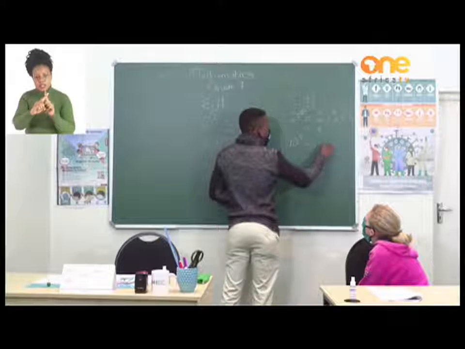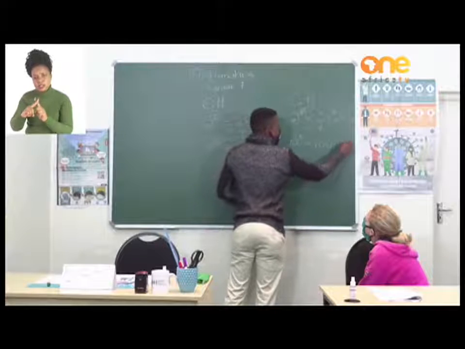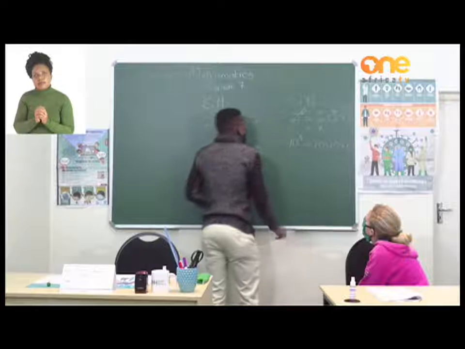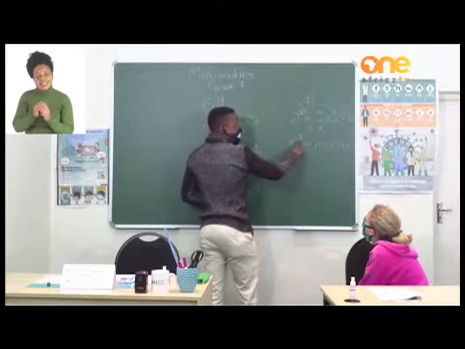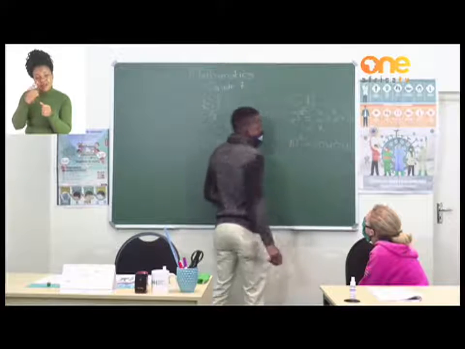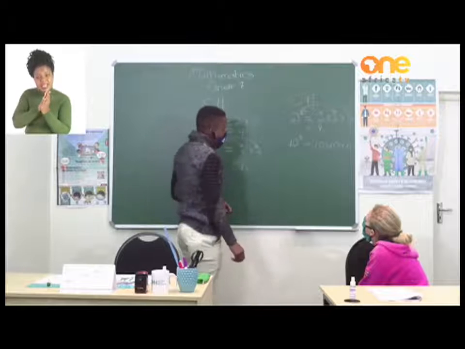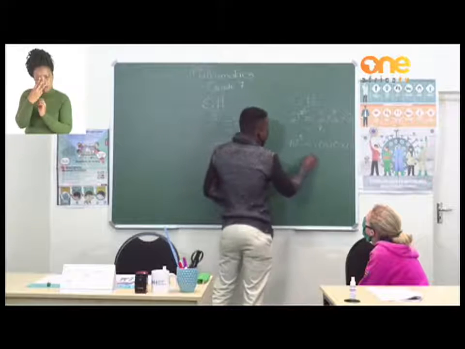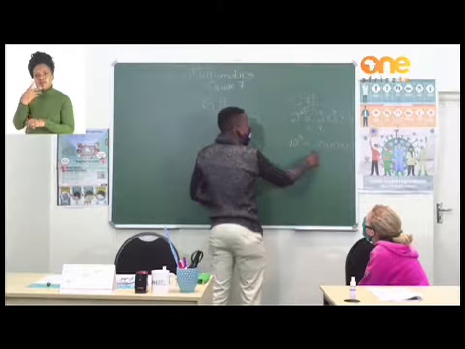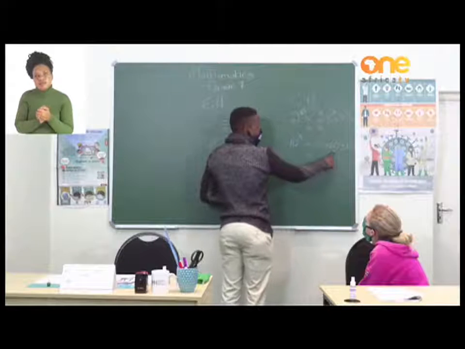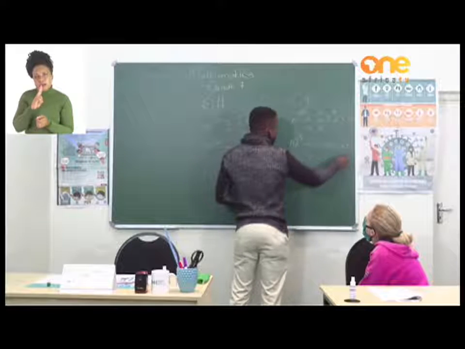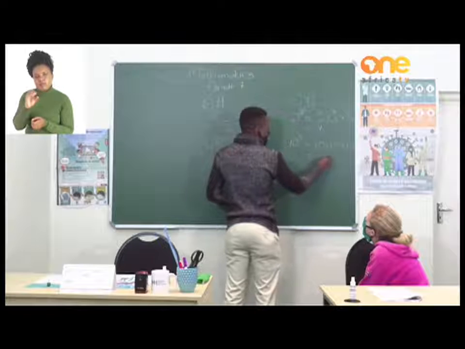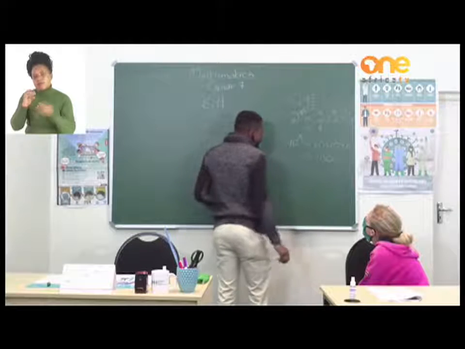We have 10 times 10 times 10. So remember, this is 3 times that a number has to appear. Then we say 10 times 10 gives you 100. 100 times 10 gives you 1,000.